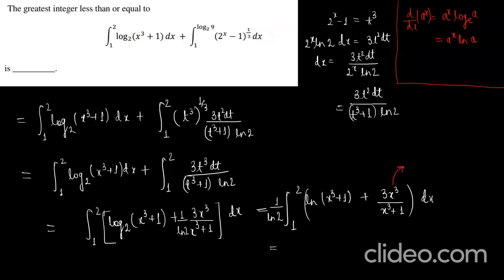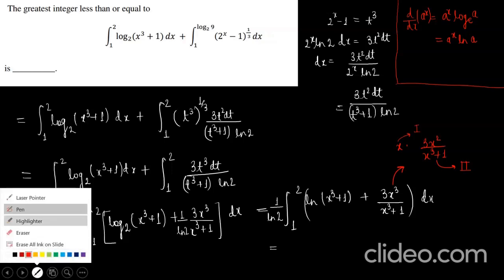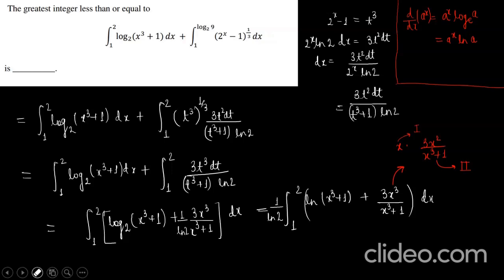I will separate this sum into x and 3x square upon x cube plus 1, and here x will be considered as the first function and this will be considered as the second function. Let me explain how I think this. First of all, I have to discuss the product rule formula for this, which is first into second dx.